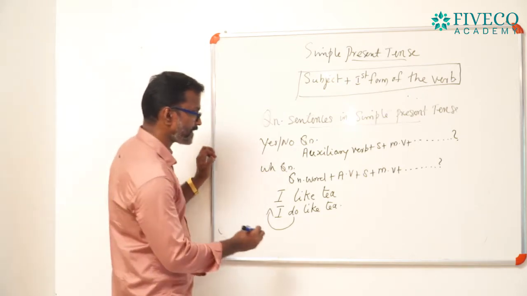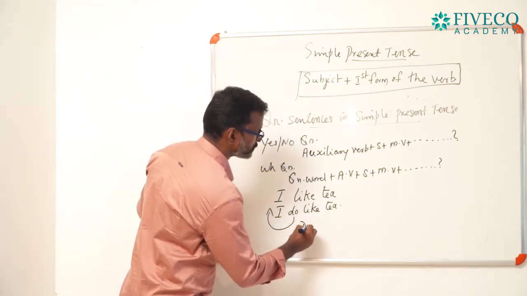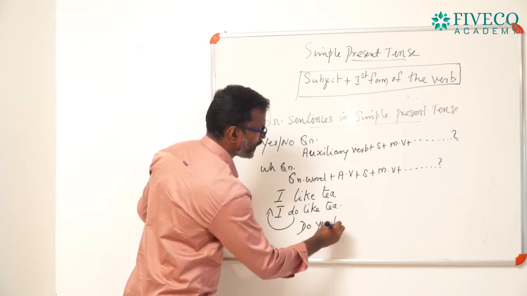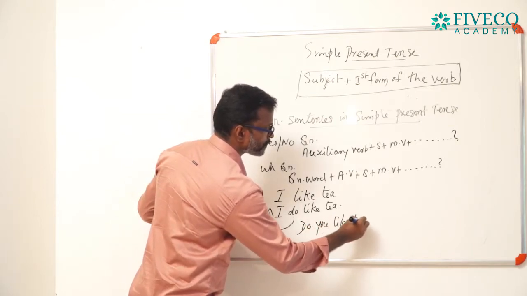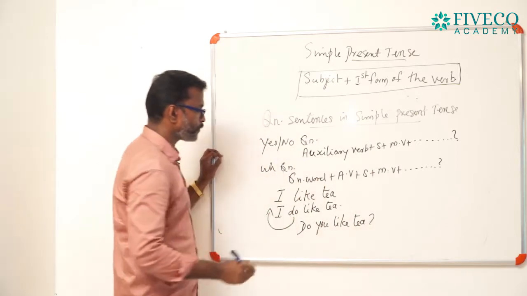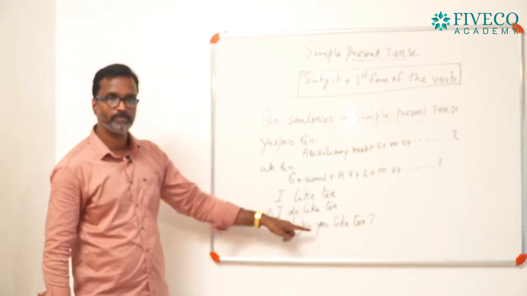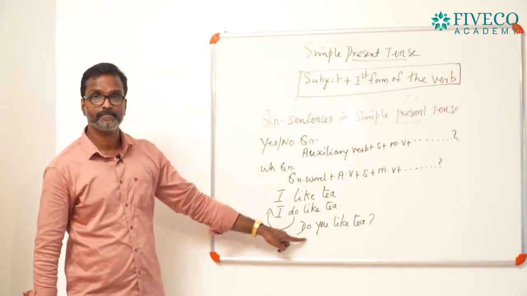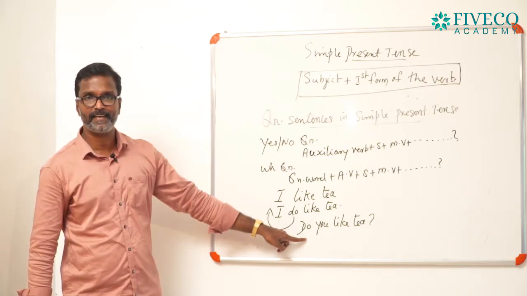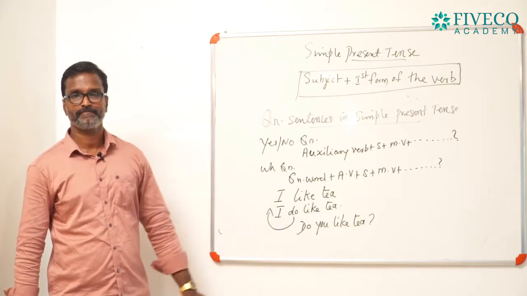So, what will be the sentence? Do you like tea? This I will become you. So, what will be the answer? Yes, I like tea. No, I don't like tea.